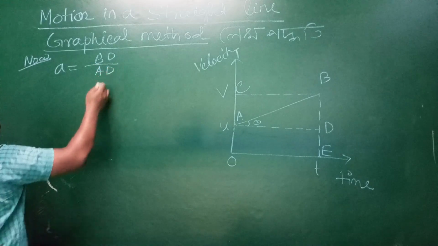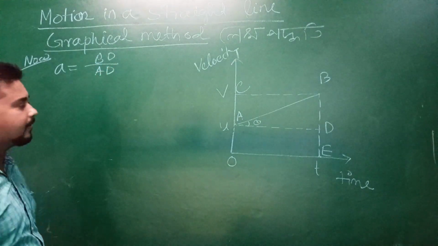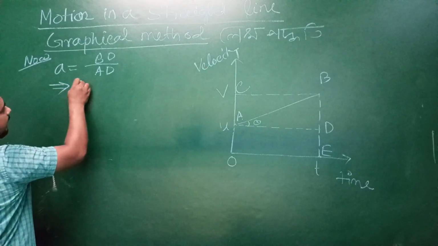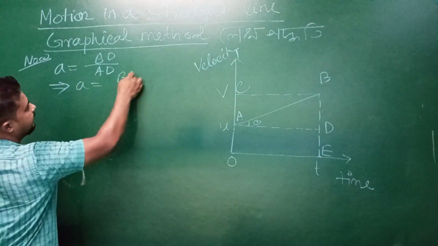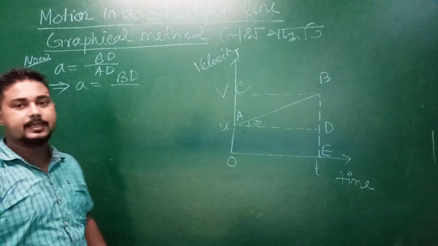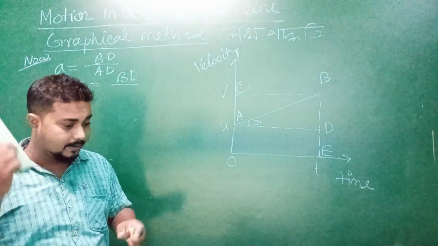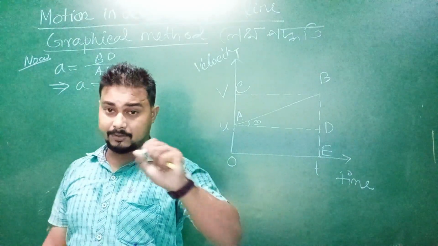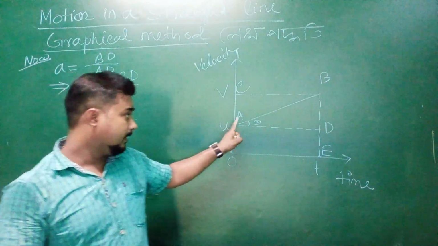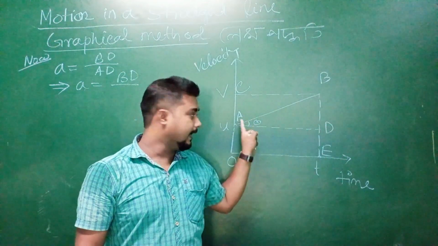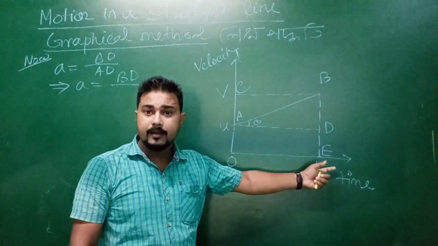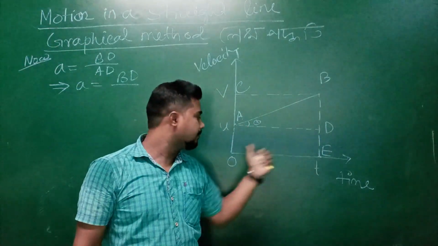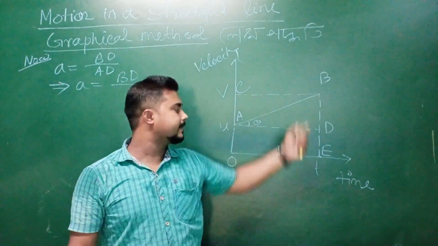It is perpendicular by base, which we already have. Now if we put the value of AD here, AD is equal to OE, which is equal to CB, which is t.